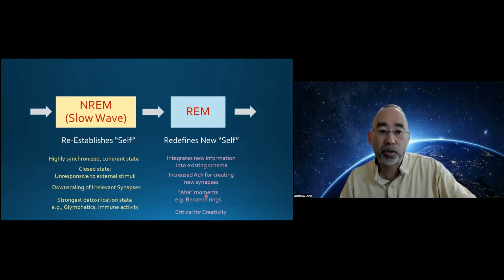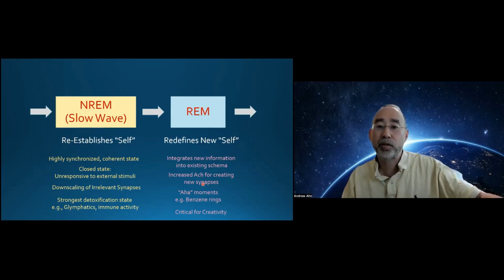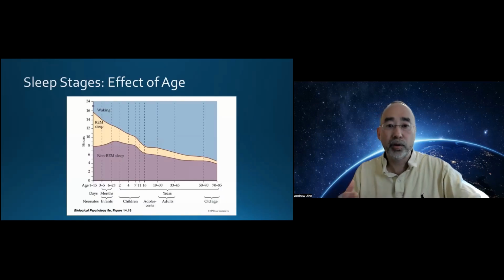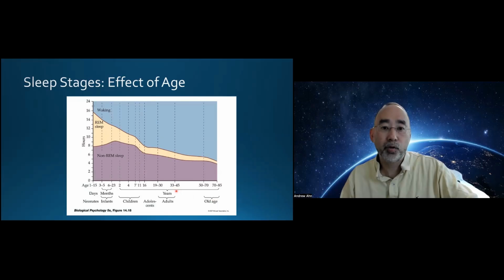I think the person who discovered the structure of benzene rings had dreamt about it. And this happens because of the generation of new connections in REM sleep that doesn't happen in non-REM sleep. And we can consider this model of self within the context of sleep across the lifespan. This graph shows the dramatic shift in sleep architecture from infancy to old age.